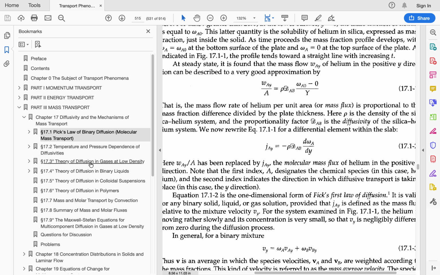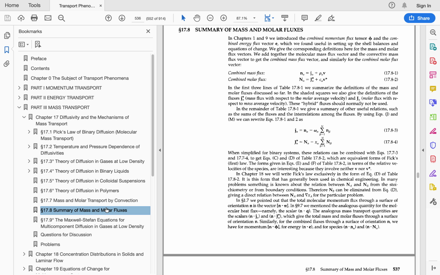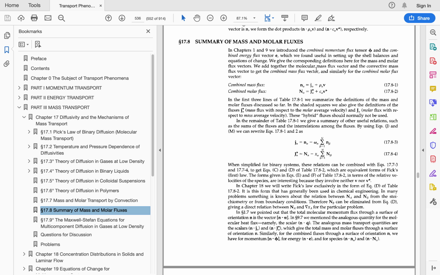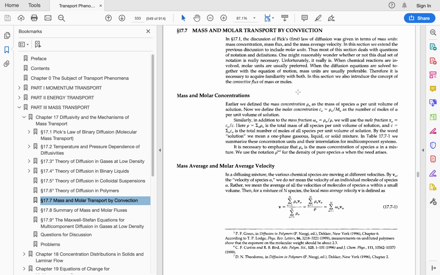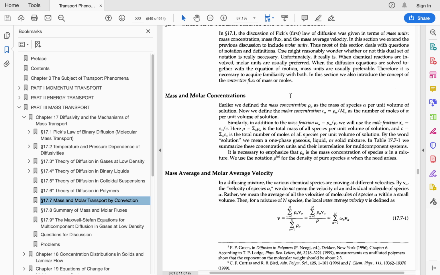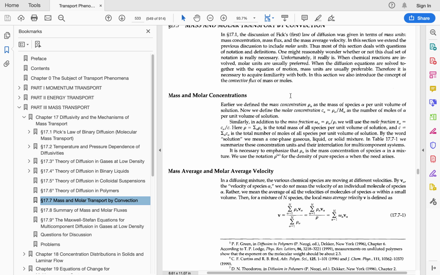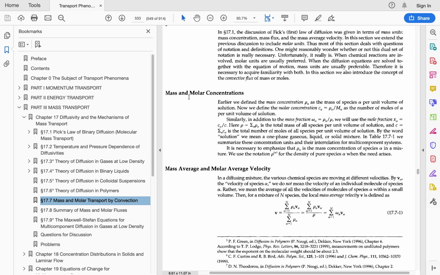Alright, now let's jump up to this page, chapter 17.8, about the summary of mass and molar fluxes. First we're going to talk about the definitions. The first one is mass and molar concentration.